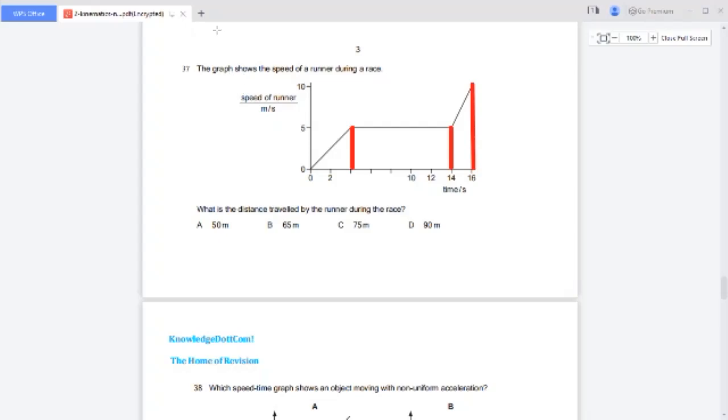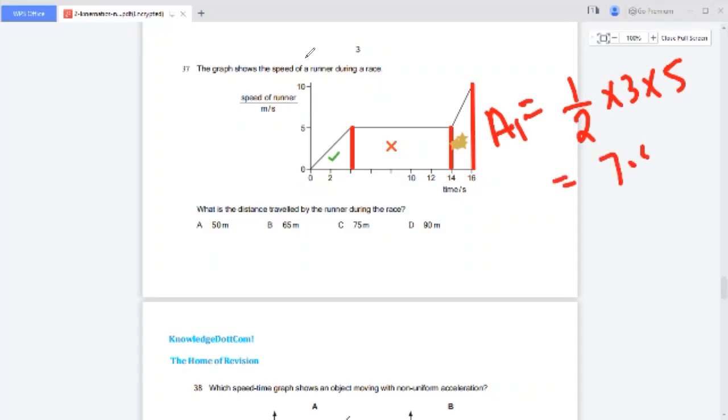This one is a triangle, this is a rectangle, and this one is a trapezium. Here we apply the area of a triangle. Area of a triangle is 1 by 2 into base into height. Base is 3 and height is 5. So this is area number 1, which is equal to 7.5.